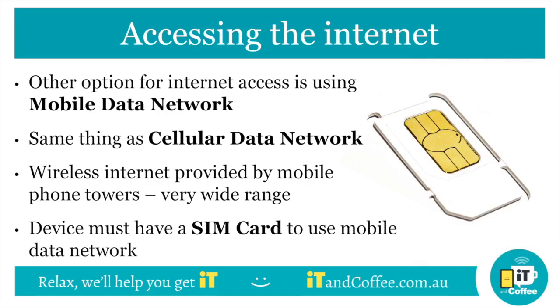To use the cellular network, the mobile data network, you must have a SIM card in the device that you are using, and that SIM card must be linked to a plan with a mobile data provider, with an internet provider, with Telstra, with Optus, with Vodafone, with whoever you choose for the provision of that service.